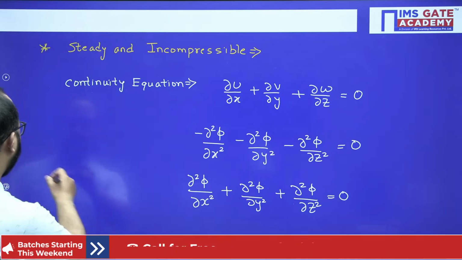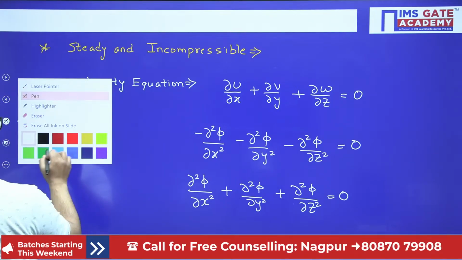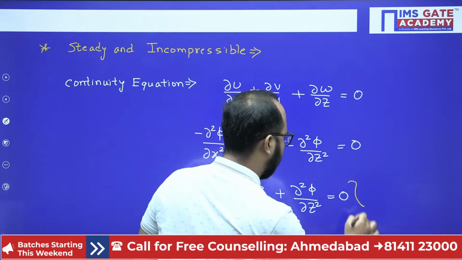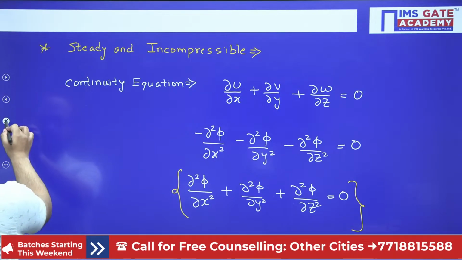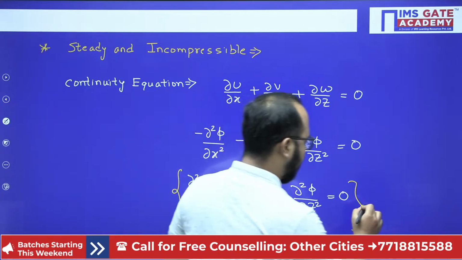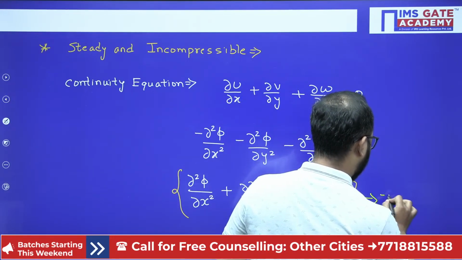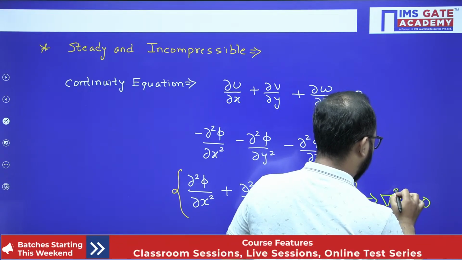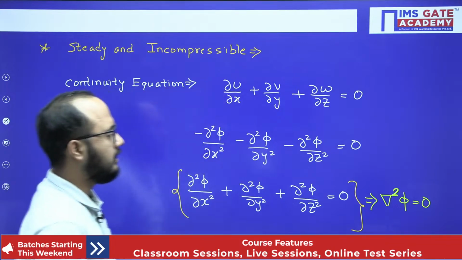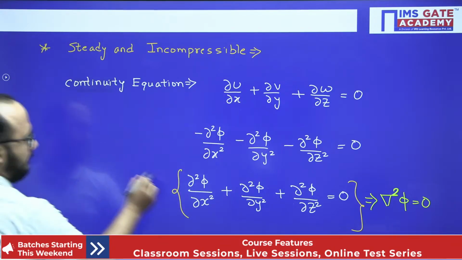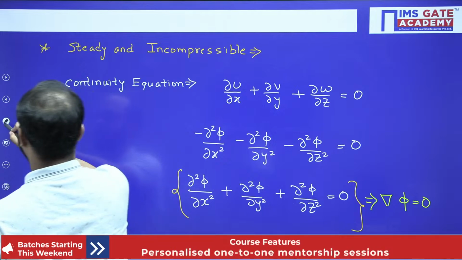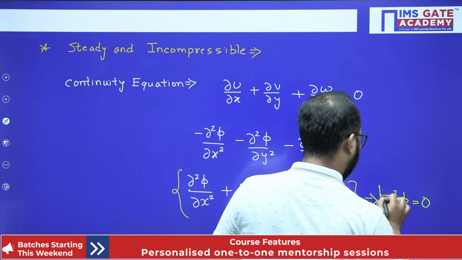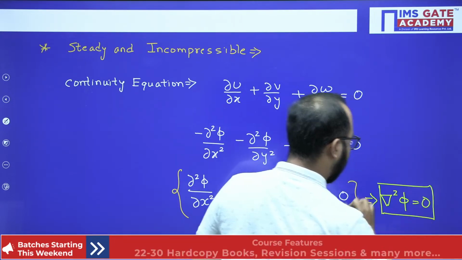Now this actually becomes our Laplace equation. Very important point. This equation will become our Laplace equation. How can we represent it? We can represent it like this. So this is the format of our Laplace equation.